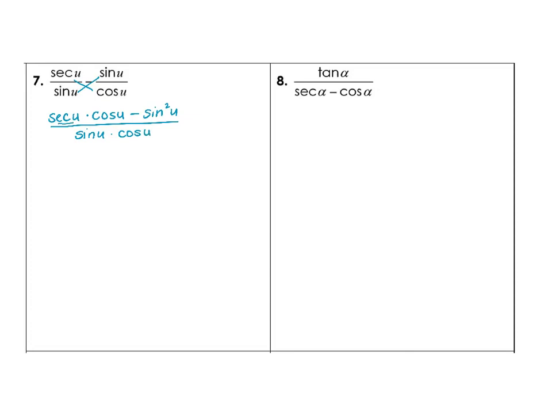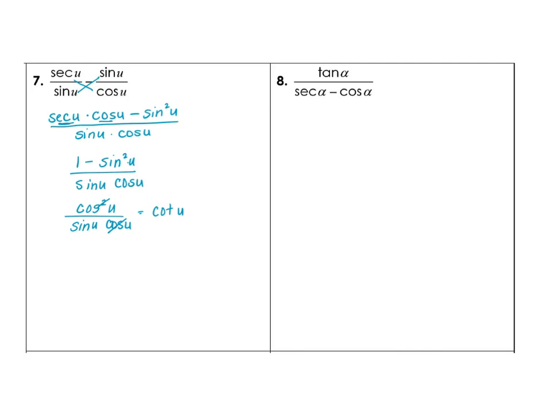Now, secant times cosine, since secant is the reciprocal of cosine, when I multiply those, I get 1, and then minus sine squared u over sine u cosine u. In the numerator, 1 minus sine squared is going to give us cosine squared from our Pythagorean identity over sine of u times cosine u. And those cosines are going to cancel. And so I'm left with cosine over sine, which is cotangent u.